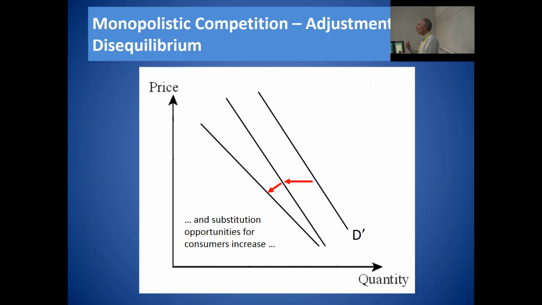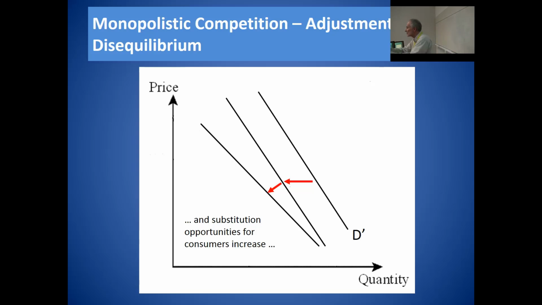And so the ability that customers have to switch from one brand to another increases. Customers become more price sensitive. There are more opportunities to substitute to cheaper goods. And hence, the elasticity will increase and the demand curve becomes flatter.